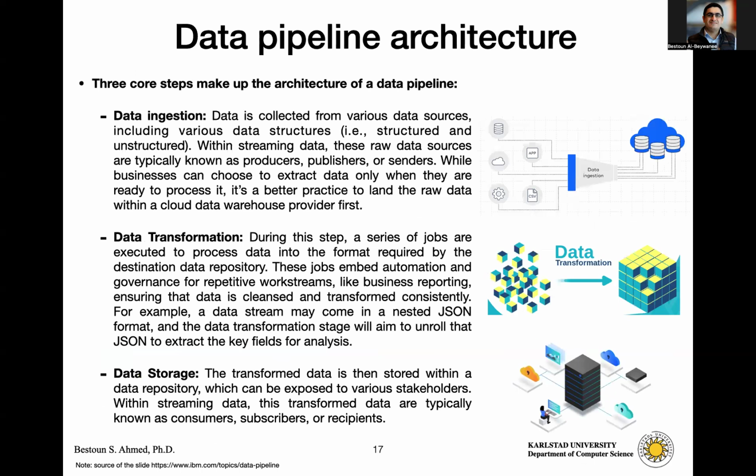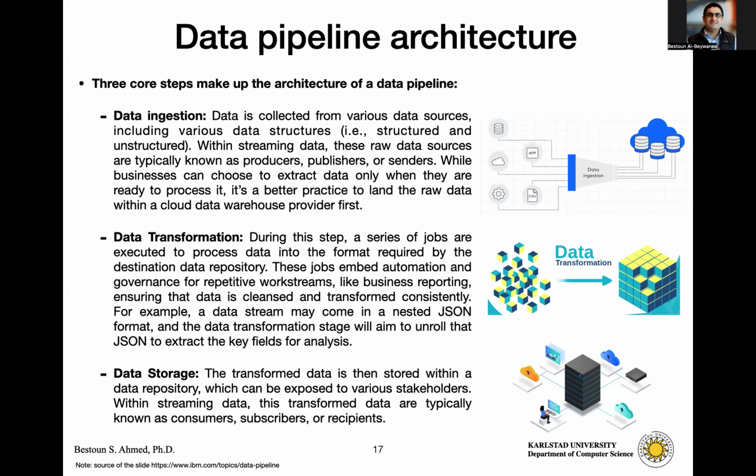There are many architectures for the pipeline, depending on what you want, actually. The data ingestion, for example, is collecting the data into one point from various data sources. Like, for example, you have images, but you have also sensor data and so on. So this data is streaming, and you have the raw data source, and that is the producer and publisher, or we call it sometimes a sender.